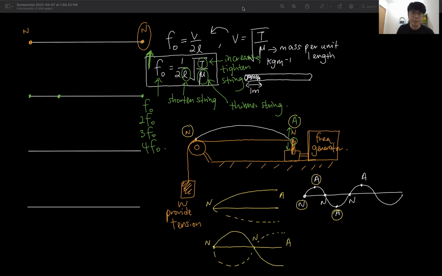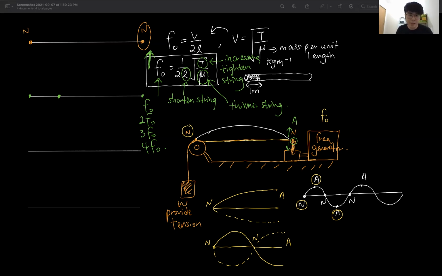Okay. Now, this signal generator, I can vibrate the string at any frequency I want. I can set it to the fundamental frequency of the string. We have worked out the fundamental frequency of the string.